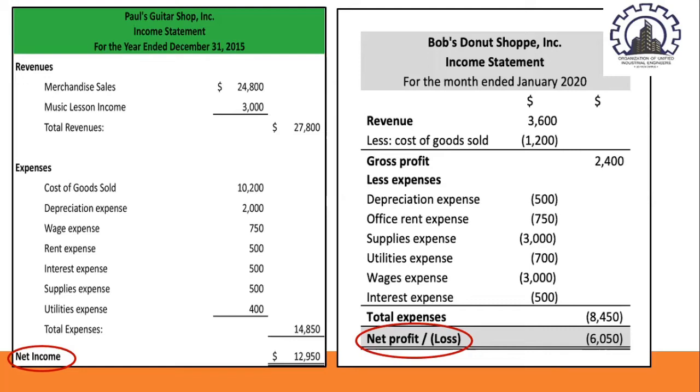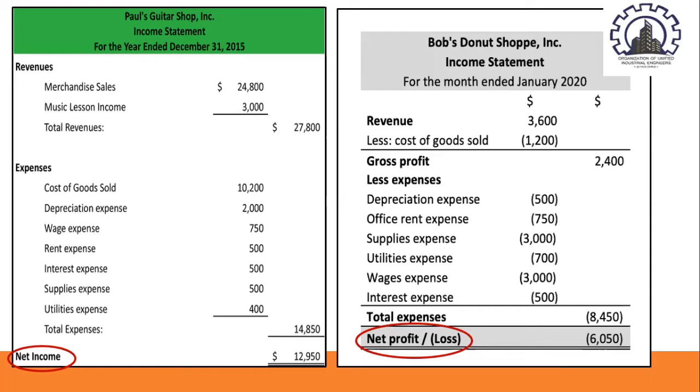That is why the company is incurring a loss, which is a negative 6,050. So normally in accounting, if it's negative, this is usually enclosed in a parenthesis. Okay, so that's the difference between positive or earning or net income or profit and negative or loss.